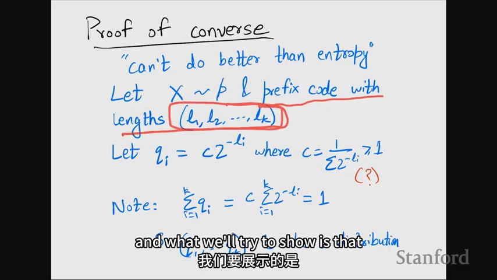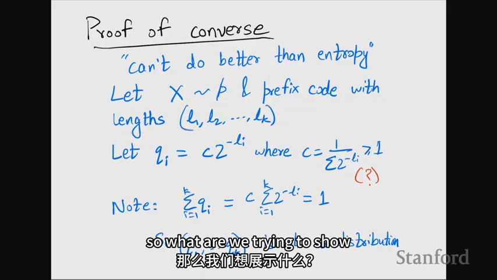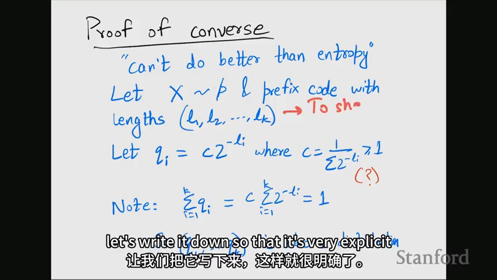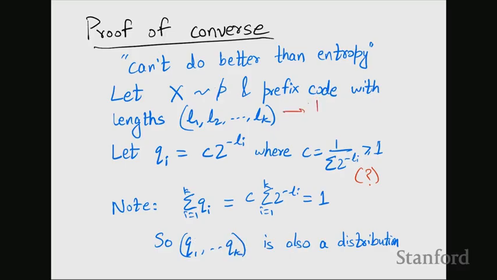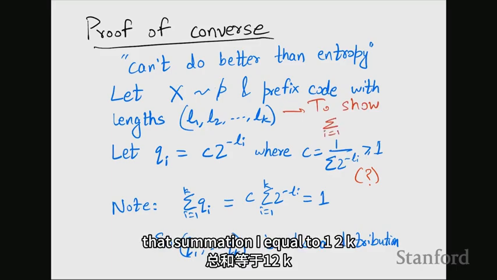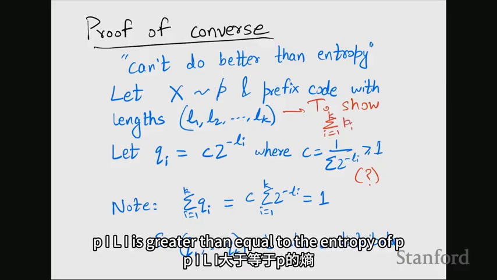And what we'll try to show is, so what are we trying to show? Let's write it down so that it's very explicit. We are trying to show that the summation i equal to 1 to k, p_i l_i, is greater than or equal to the entropy of P.